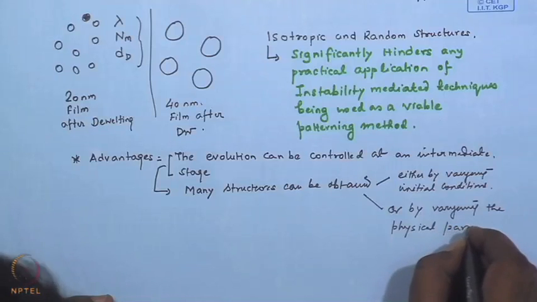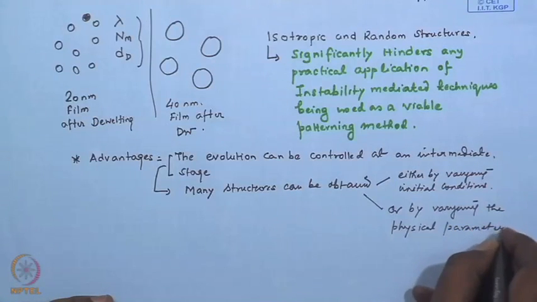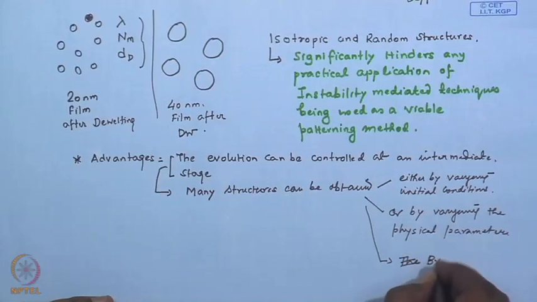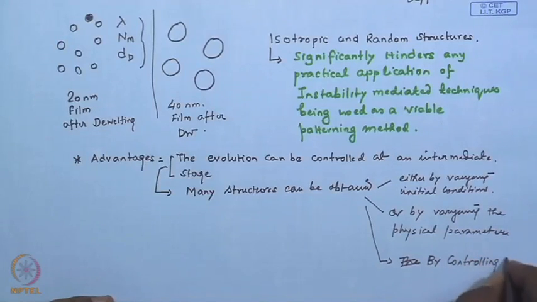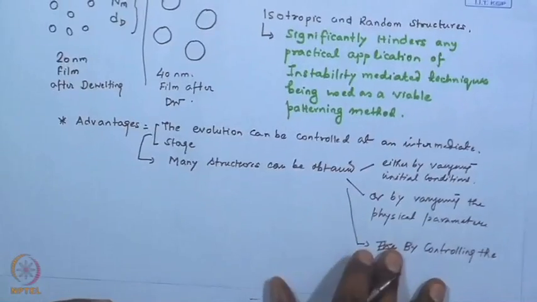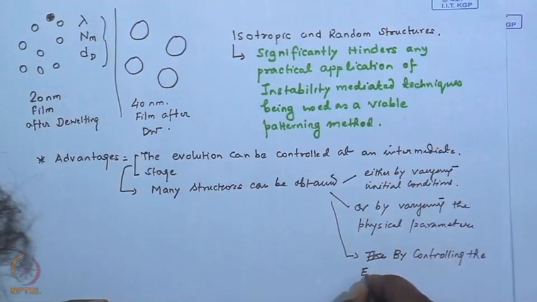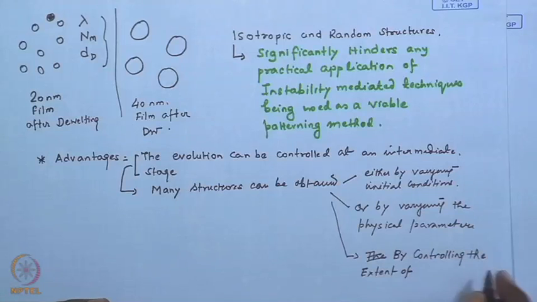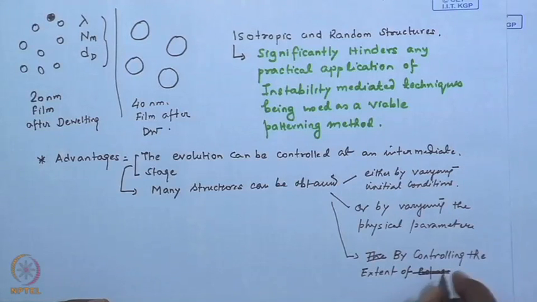I will give an example of that, that will make it clear. Or by controlling the extent of this propagation or progress extent of dewetting.